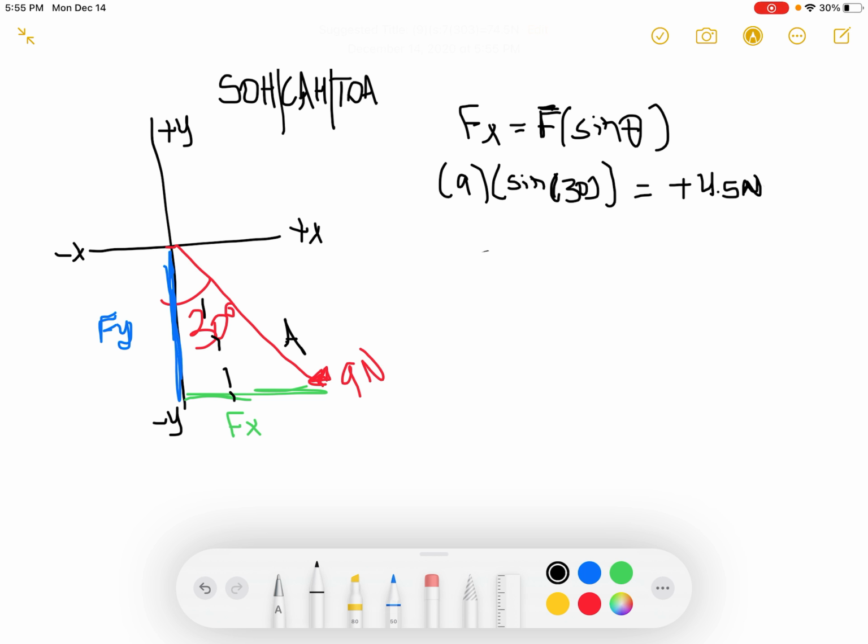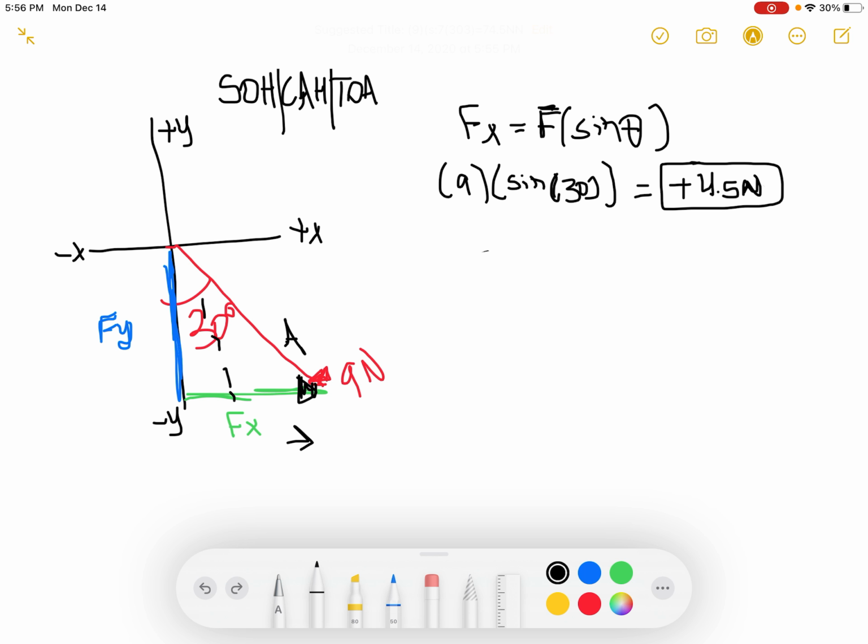That's the unit, newtons. And it's positive. Why did I say positive? Because the direction that this is going is to the right, and we said right is positive. If it was going to the left, then we would say negative. That would only be if it was over here or up here.